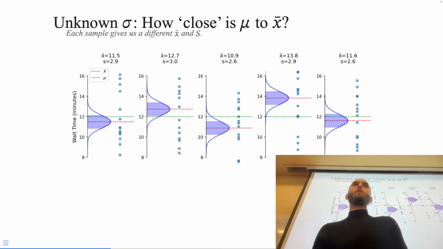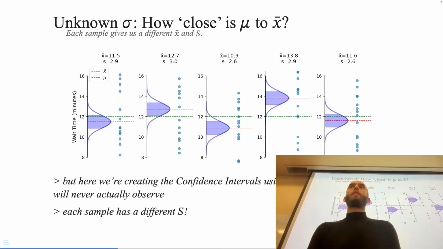In fact, that's going to be a big part of the challenge. I don't want to overstate that, actually. We're going to have a really simple way of getting around this problem. But there's a theoretical reason why, or maybe a practical reason why we can't just do it this way. And that's because we don't observe sigma. So you're going to be presented with an environment where you don't know sigma, and then you have to do something about it.